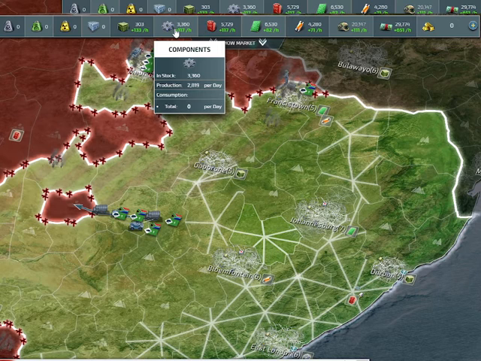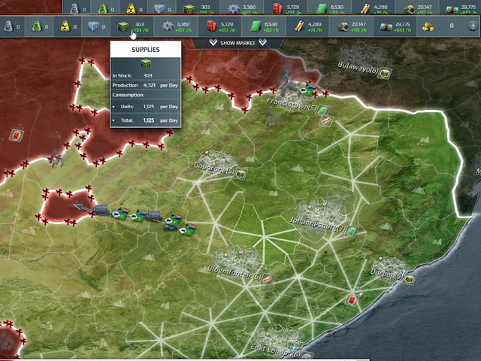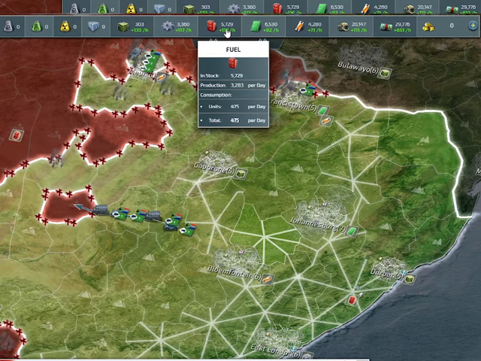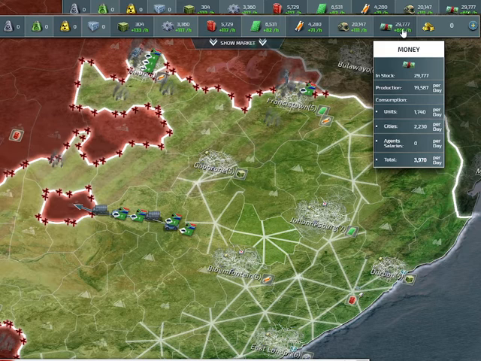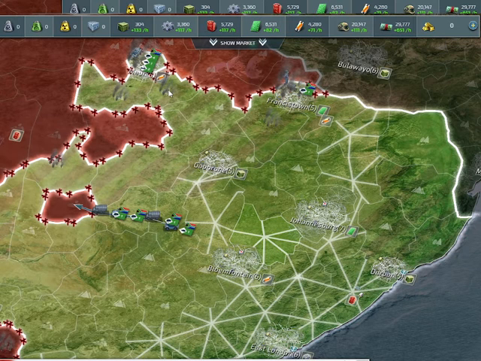Like in my case, I would buy components for 5 credits per unit, and I would buy supplies because I'm running very low on these. I would buy those at, let's say, 9 credits. So I'm getting almost my fuel credits back as profit. So that's how I do the balancing in this.